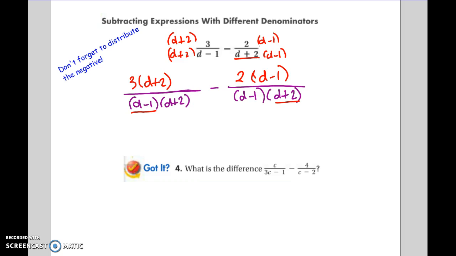So now we can put it all over one denominator. And I'm going to distribute this. Minus, and then I'm going to distribute this, but I'm going to put in a parentheses because I need to distribute that minus sign as well.